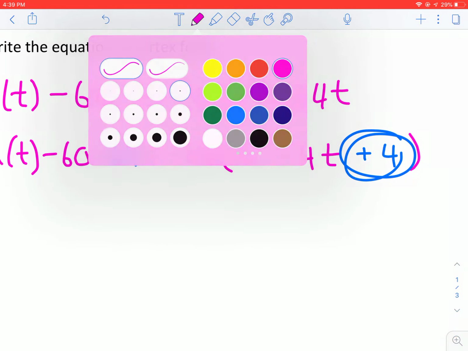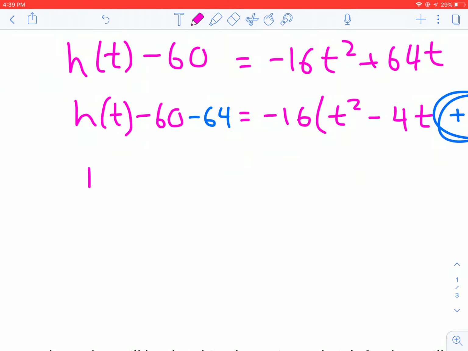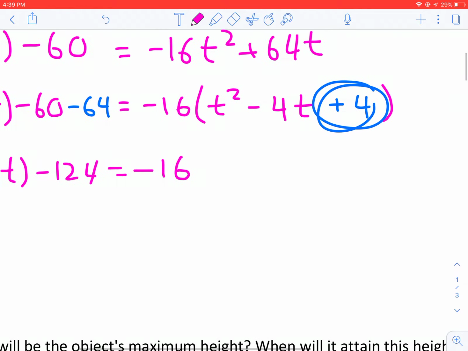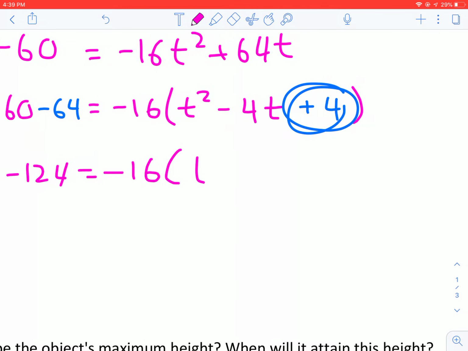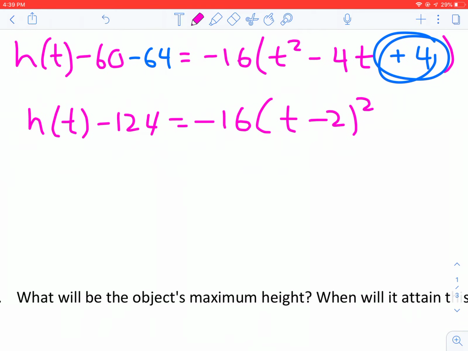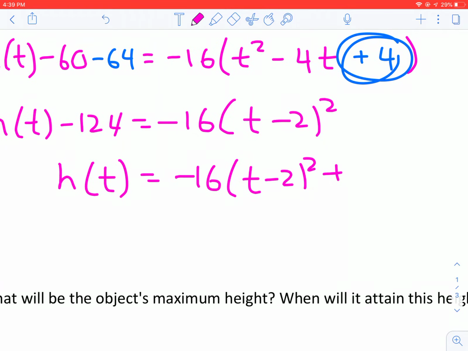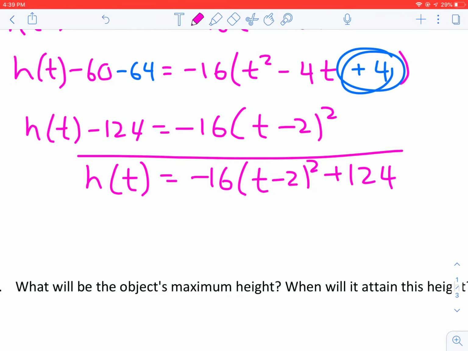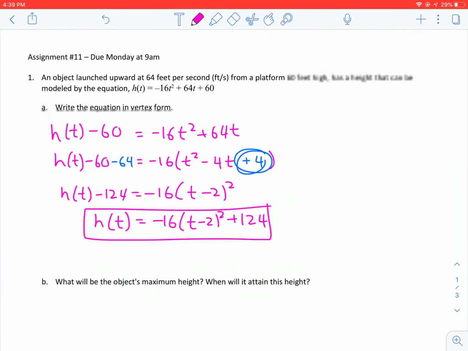So on the left side now, I have h of t minus 124 equals negative 16 times, in parentheses, t minus 2 squared. And adding 124 to both sides, I have h of t equals negative 16 times t minus 2 squared plus 124. So that is my equation in vertex form.